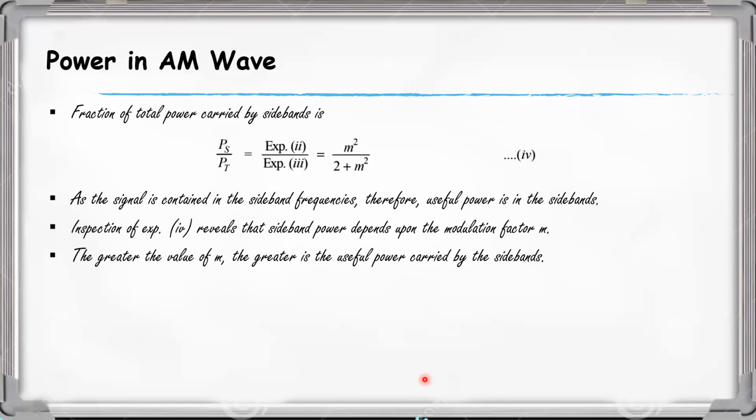If the value of M is greater, then the useful power carried by sideband must be greater. That is, if PS by PT is greater, that means useful power carried by sideband must be greater. Then for greater M value, the useful power must be high.